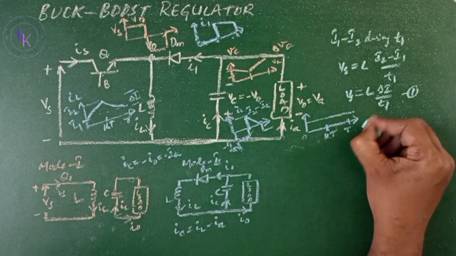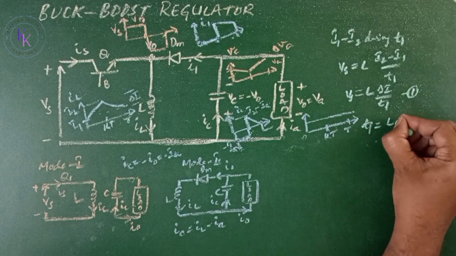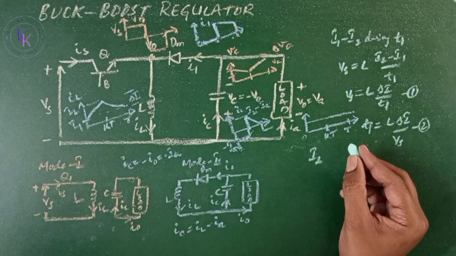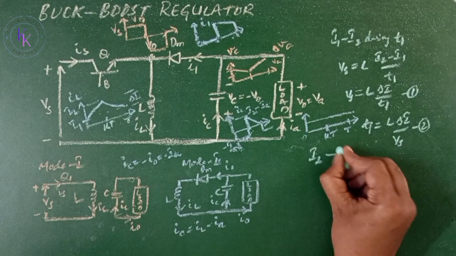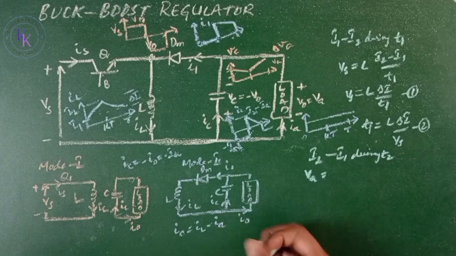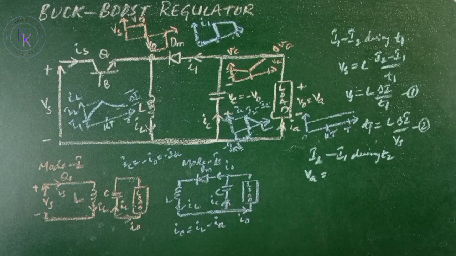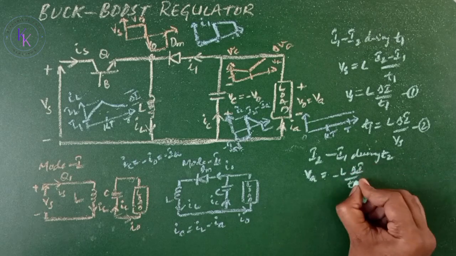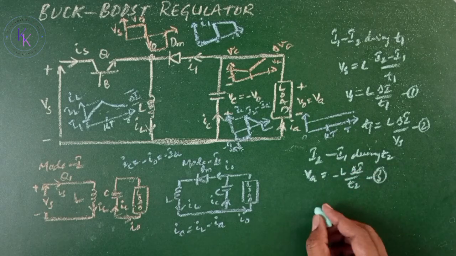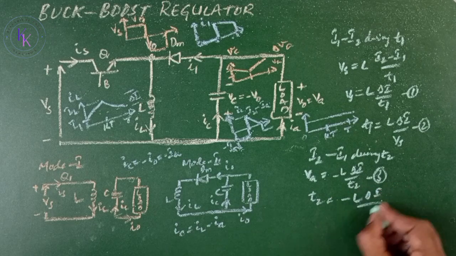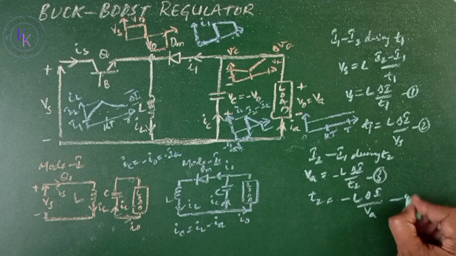From which T1 equals L delta I divided by Vs. Let this be equation number 2. When the inductor current falls linearly from I2 to I1 during T2, output voltage VA equals the voltage across the capacitor minus L delta I by T2. Let this be equation number 3. Then T2 equals minus L delta I by VA. This is equation number 4.